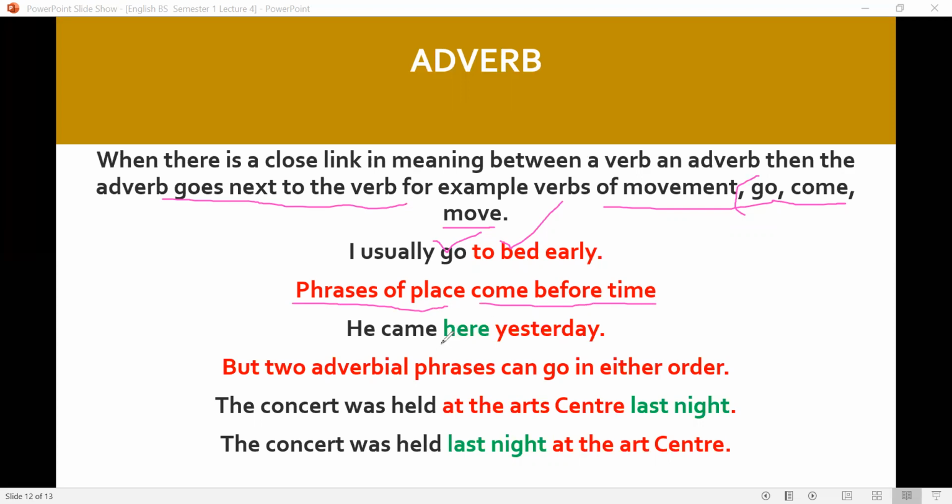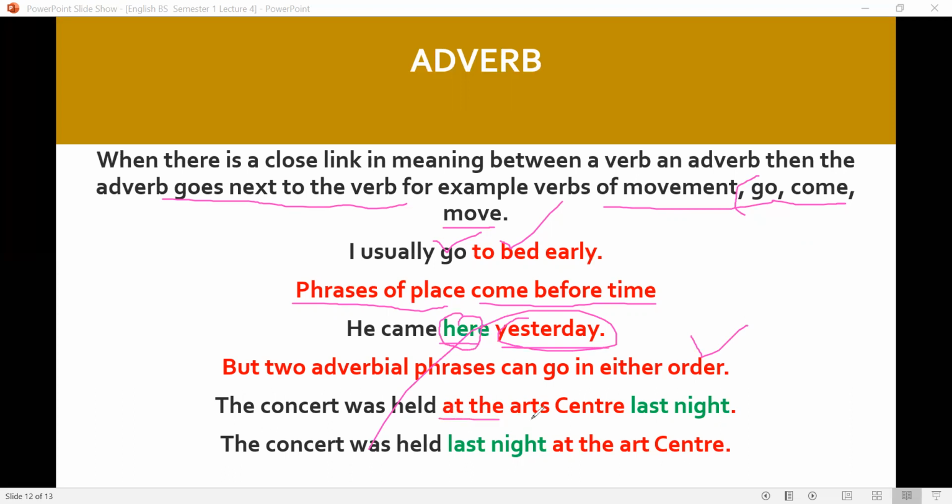He came here yesterday. Here is place, yesterday is time. But two adverbial phrases can go in either order. If you are using phrases, then you may see their placement. The concert was held at the Arts Council last night.